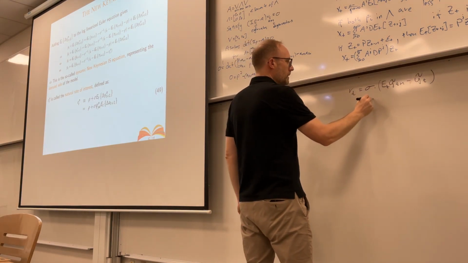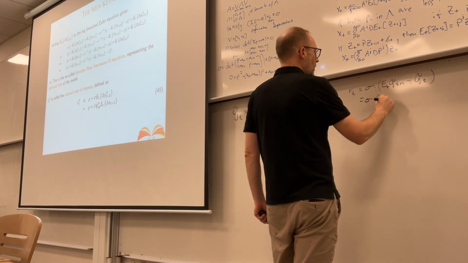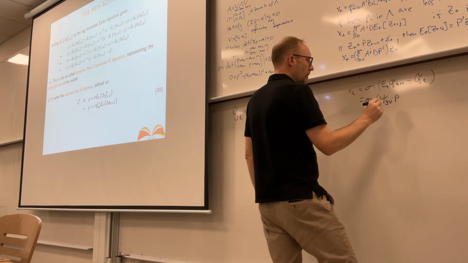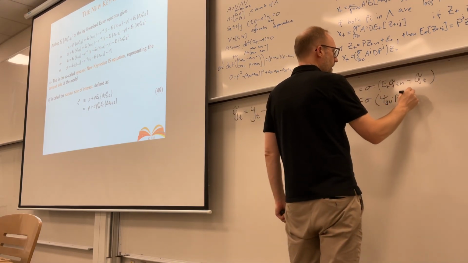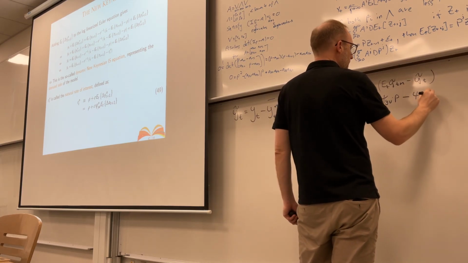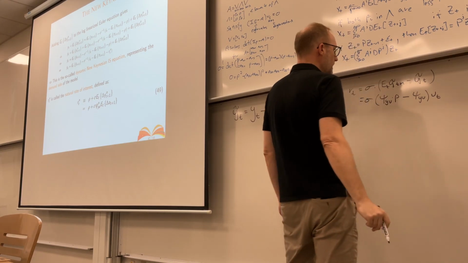Right, with the form of our solution, we know that this is then psi y nu times rho minus psi y nu, times nu t.